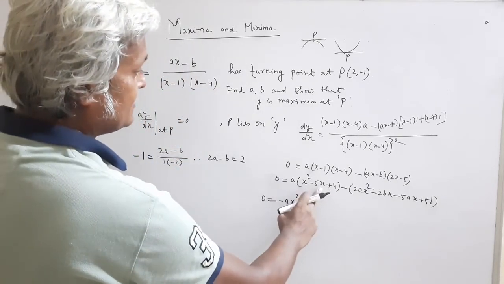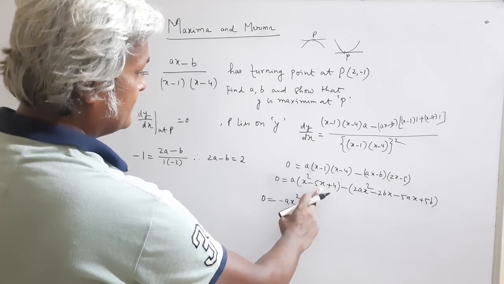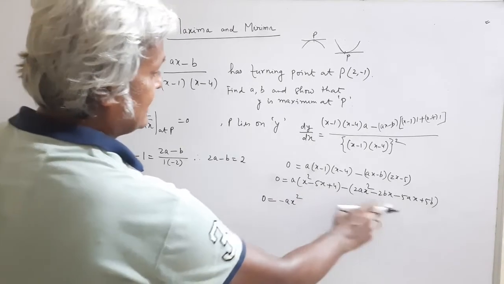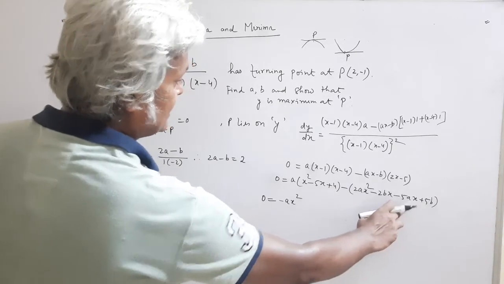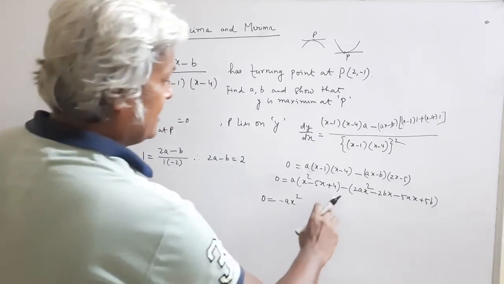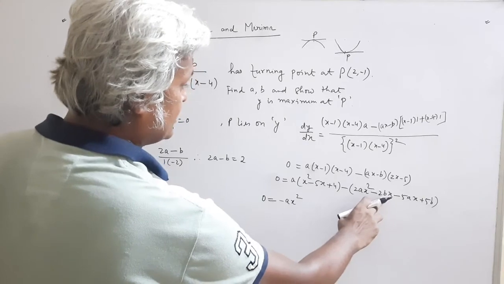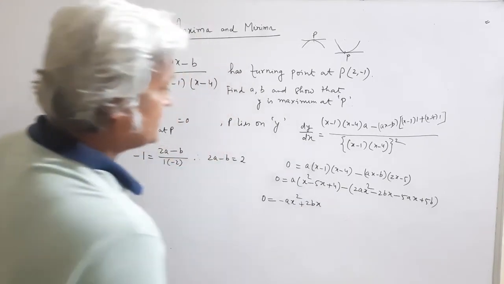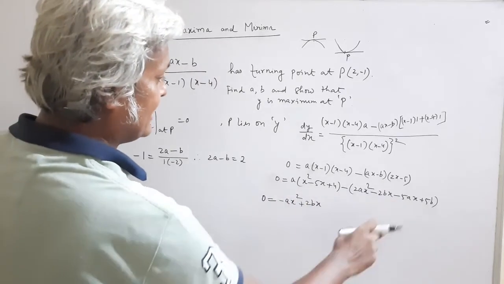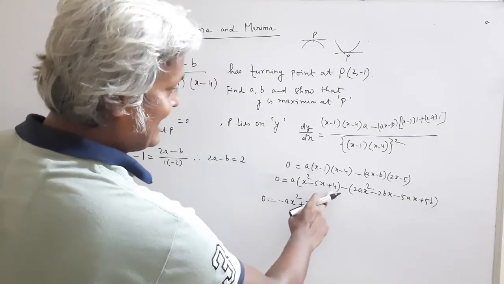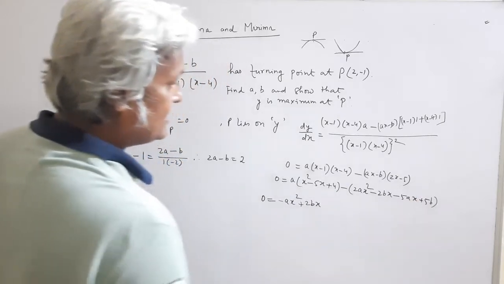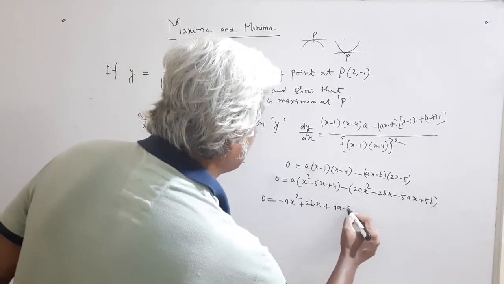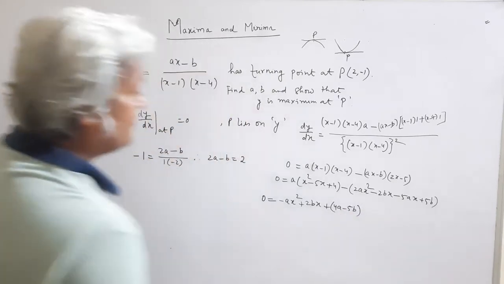This is minus 5ax. A into minus 5x is minus 5ax, and this is minus 5x, this is plus 5x, these two cancel. Now we are left with this term, which is plus 2bx, and then we have to find the constant term, which is 4a here and minus 5b there. So this is plus 4a minus 5b.